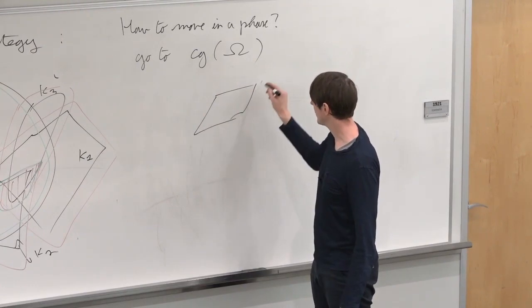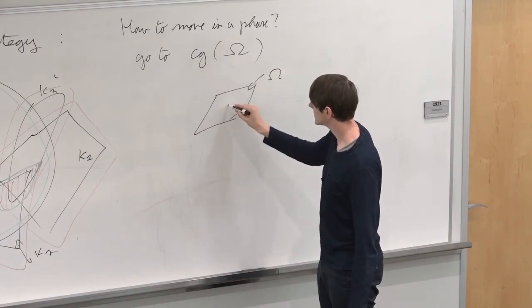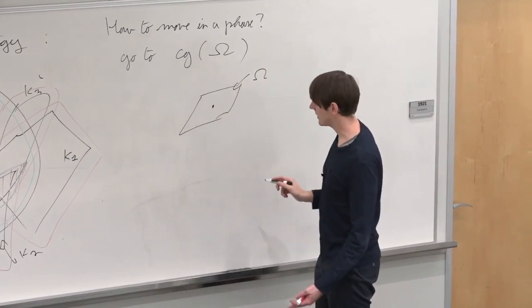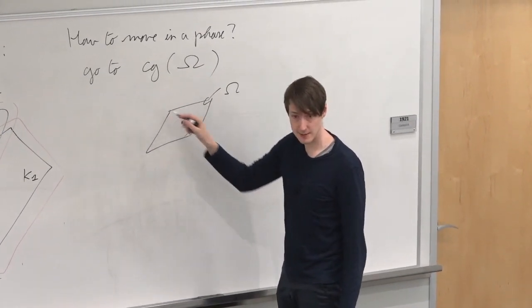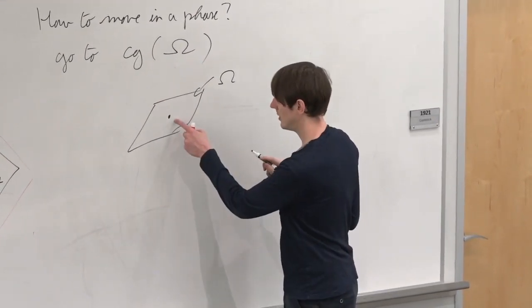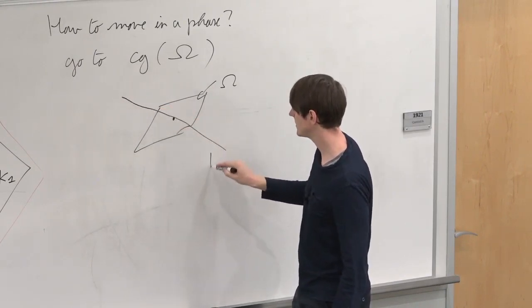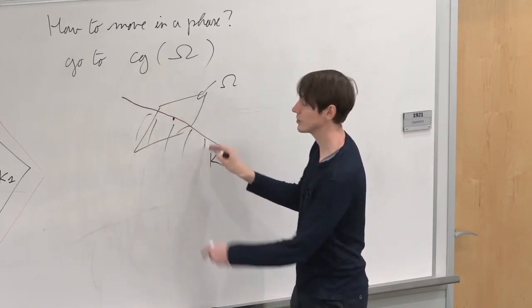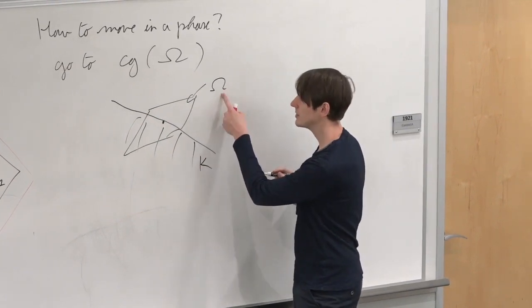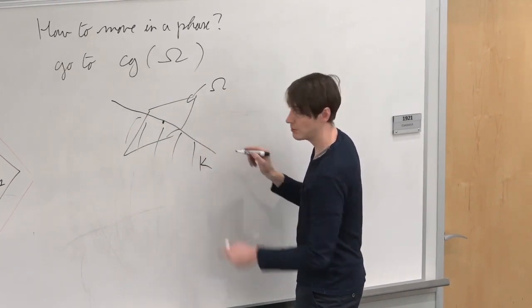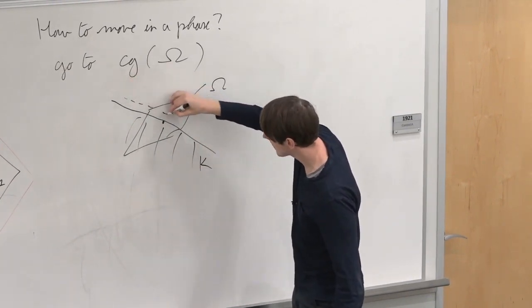This is your omega right now, and you're in the center of gravity. Now what you can assume is that you're going to get a set K which does not contain the CG. And now you're going to intersect omega not with K, but with K plus a little bit.